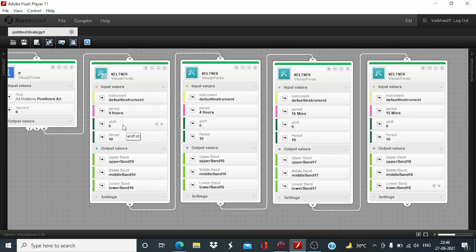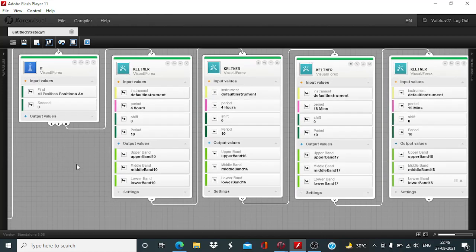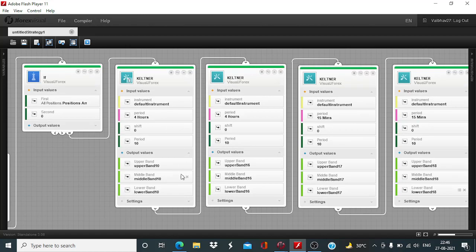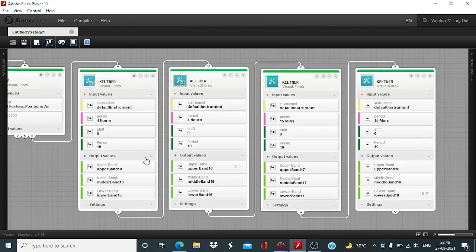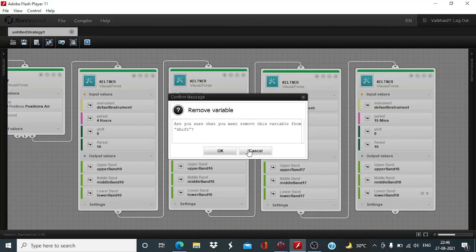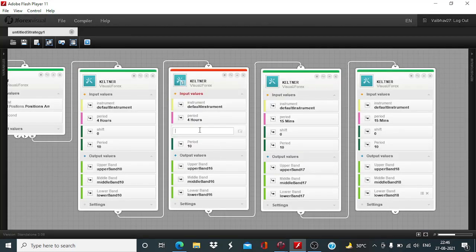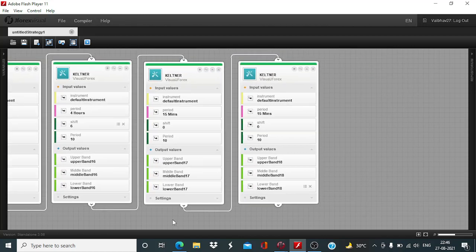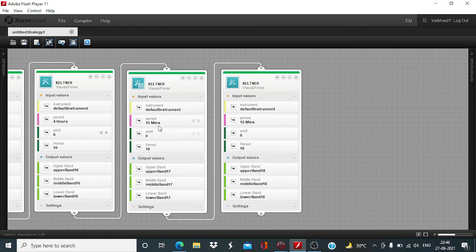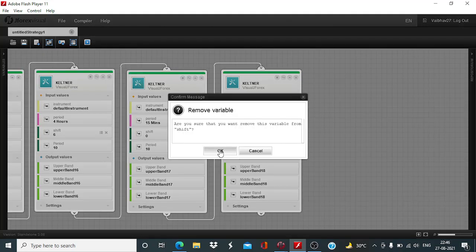Here it will remain 0, so the current output value of the Keltner channel will be taken into consideration, and that value will be compared to the value a day back. So here I have to change the shift value to 6, and in case of 15 minutes we will be considering, no, this is fine, shift value of 1.